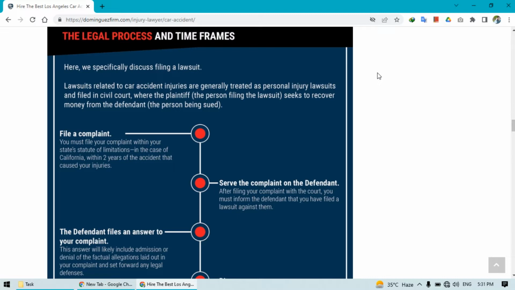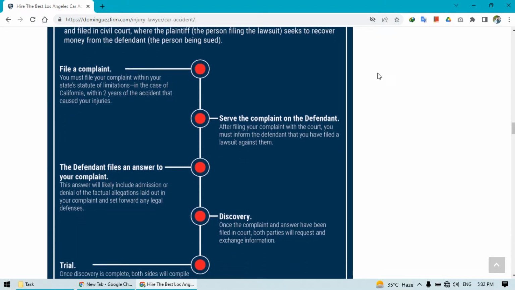The defendant files an answer to your complaint. This answer will likely include admission or denial of the factual allegations laid out in your complaint and set forward any legal defenses. Discovery.